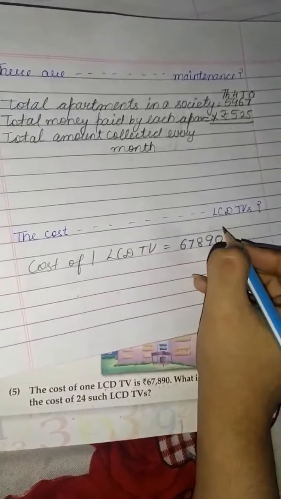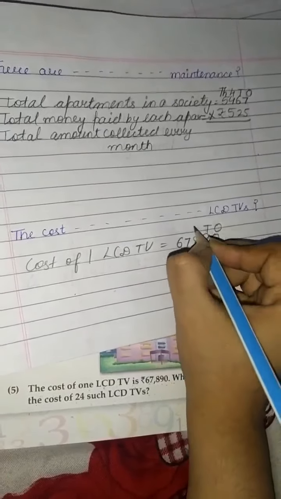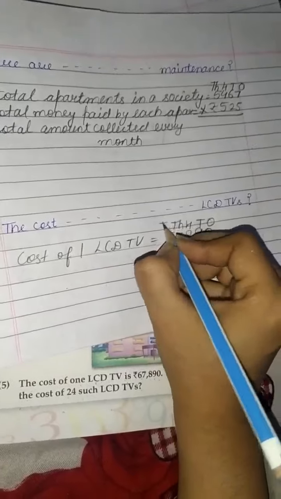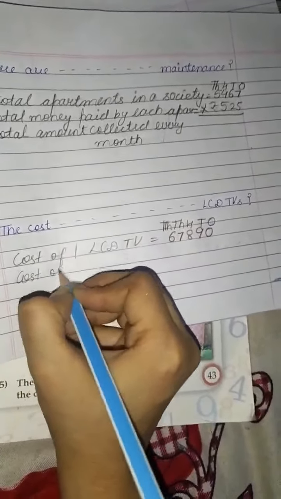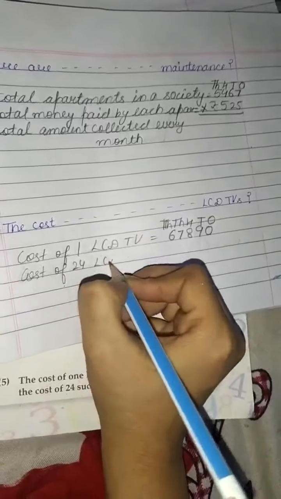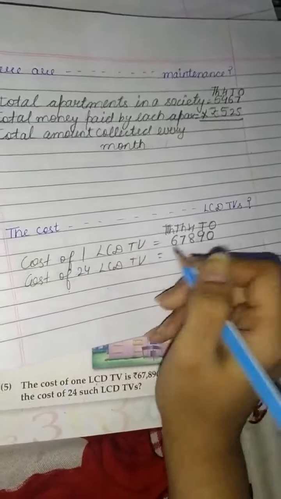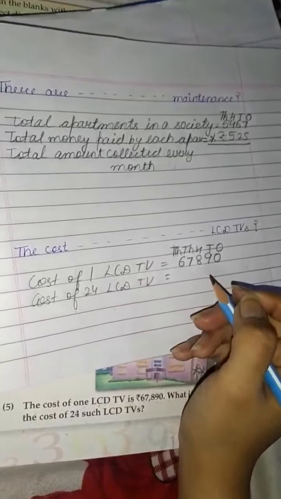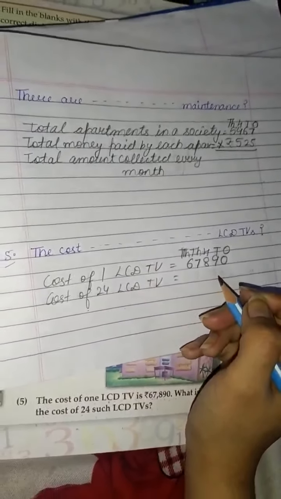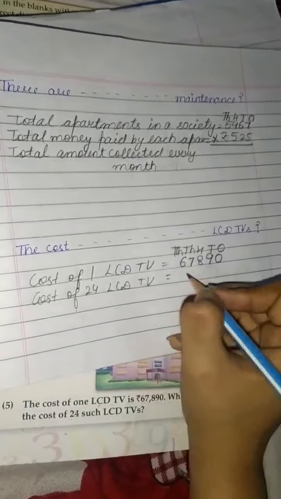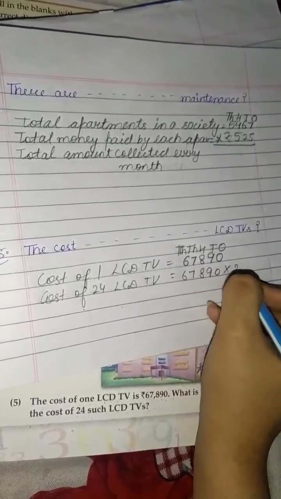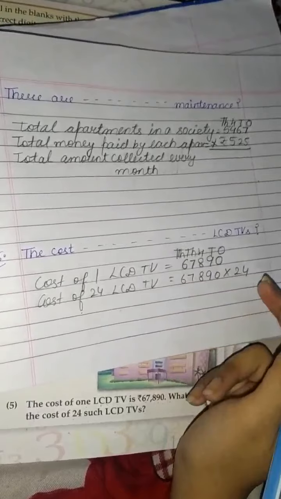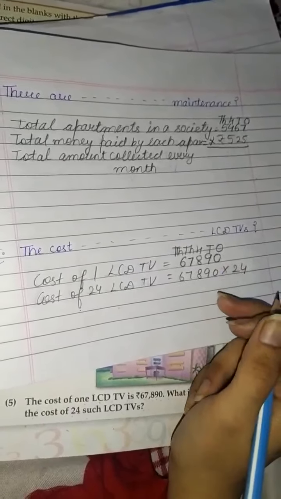So write down places on the digits: ones, tens, 100, 1000, 10,000. And cost of 24 LCD TVs. Then to find the cost of many things, what we have to do? We have to do multiplication. So multiply 67,890 by 24. Multiply, you have to do it yourself.